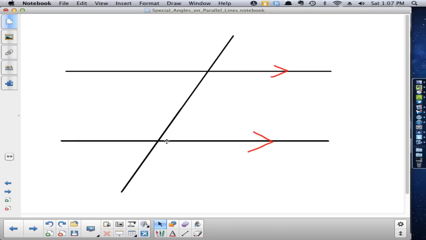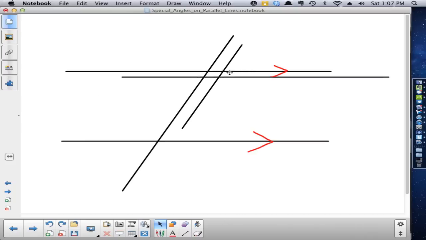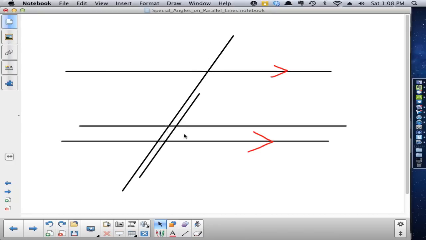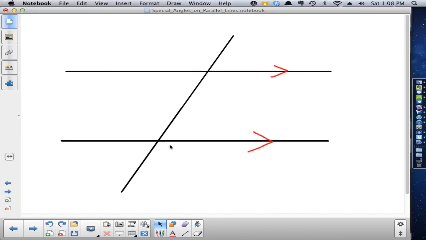And this is one way that I see what's going on. So if I grab this intersection and drag it up, it's not wanting me to do that. You will see when I lay this over there that it's pretty clear that this angle is going to be congruent to this angle.